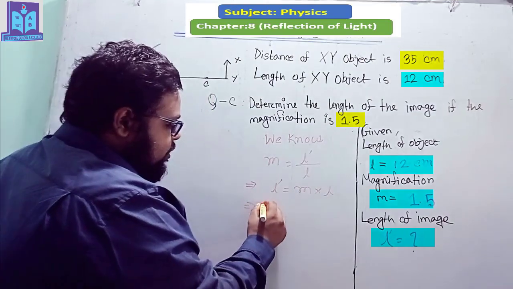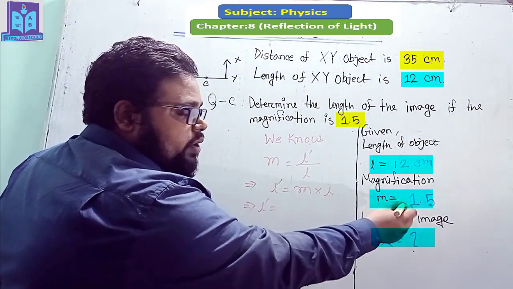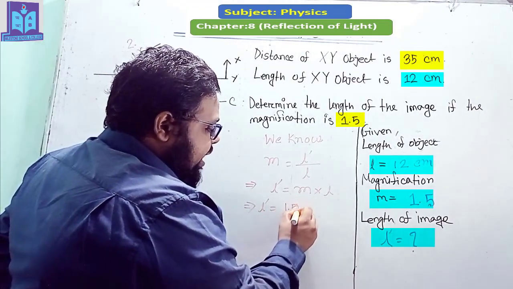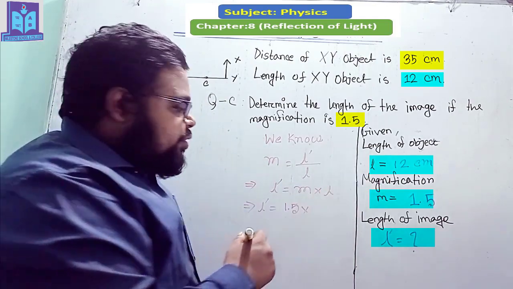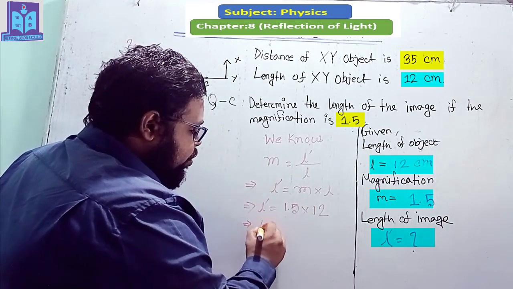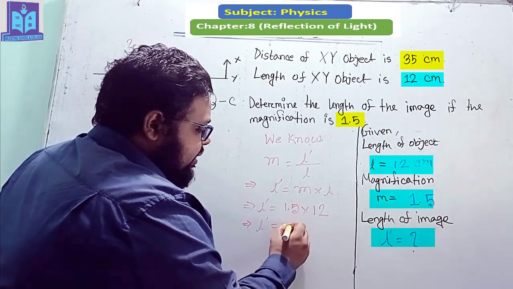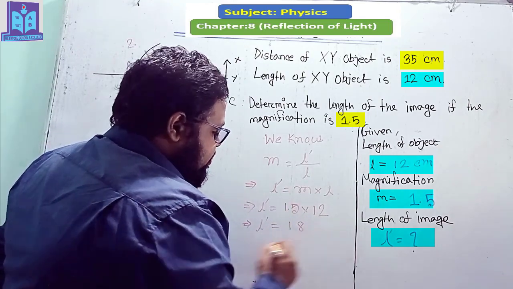Okay, so if I put the value of magnification M equals 1.5 and the length of object L equals 12 centimeter, then after the multiplication we will get 18.